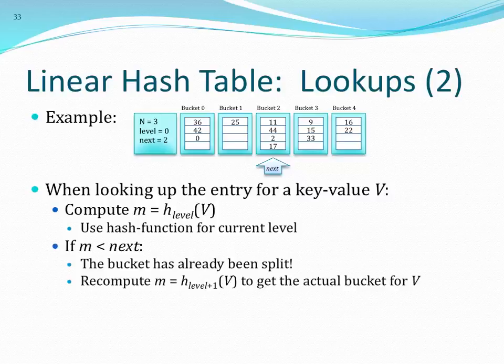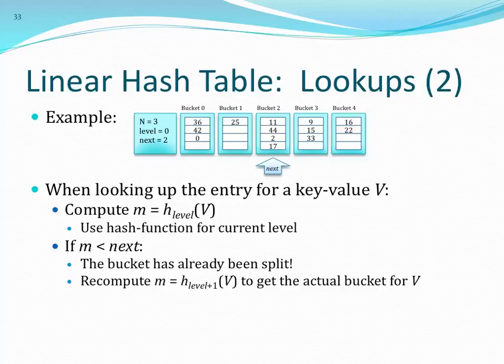If m is before next, well, that bucket's been split. So I go ahead and recompute our hash value using the next level hash function. So m becomes h of level plus 1 applied to the value. And then that tells us where we go. We don't have to do anything else. We can just go straight to the bucket, and it's got to be in there.